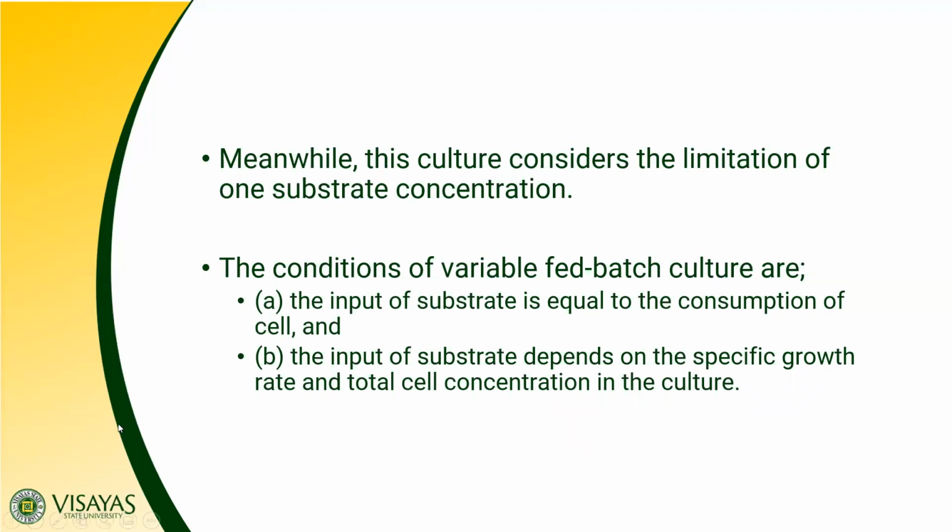Okay, so again, there are critical conditions on the variable fed batch culture, in which the input of the substrate should be equal to the consumption of the cell in order to achieve a maximum specific growth rate, and also to achieve a constant growth rate in order to have a constant maximum production of the product.